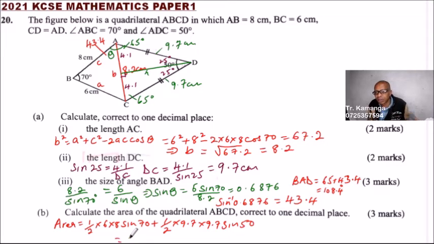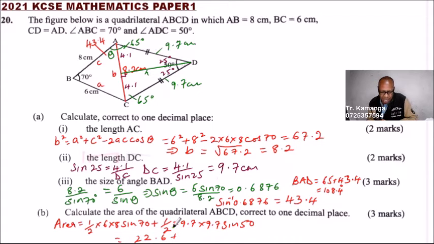So this is equal to 24 multiplied by the sine of 70, and that gives us 22.55, so it is 22.6.